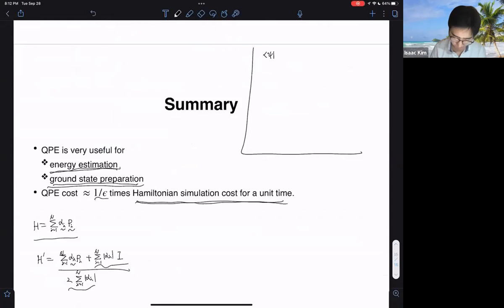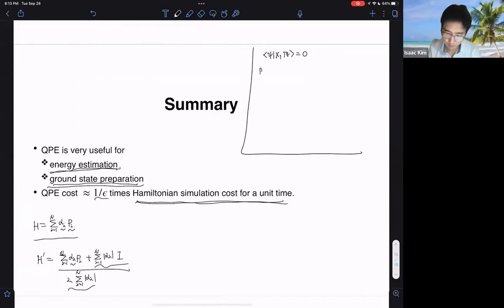So let's say hypothetically, we measure one term in the Hamiltonian. It'll be very explicit. Maybe the Pauli X operator of the first qubit. And let's say we know that the mean value is 0.